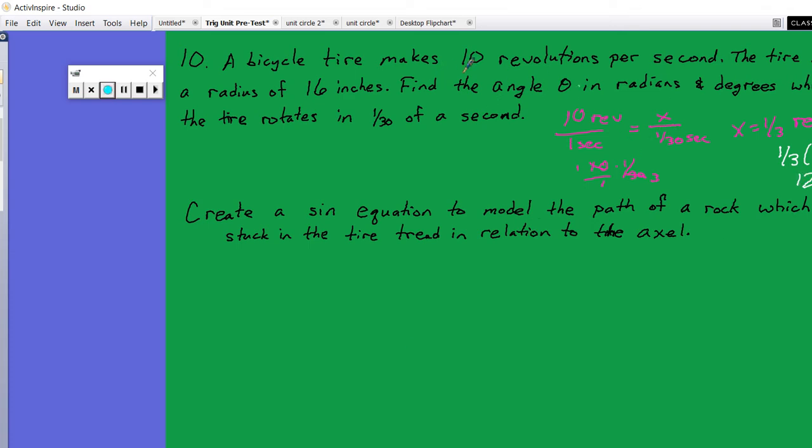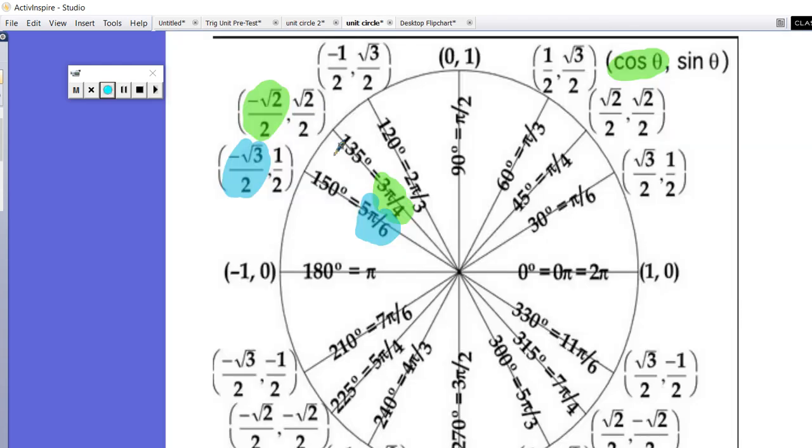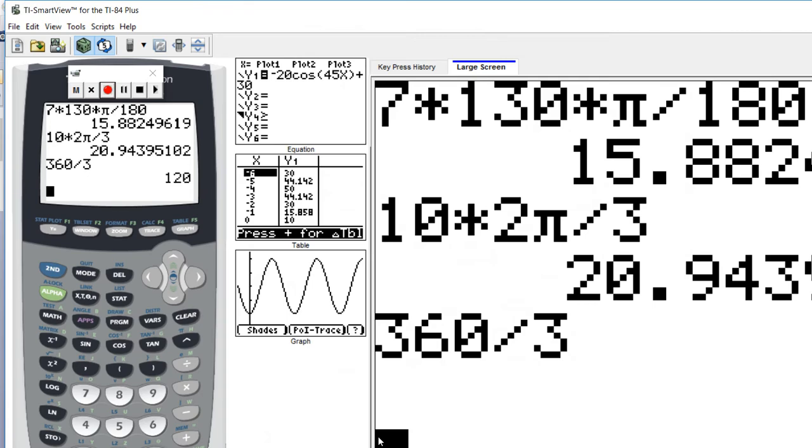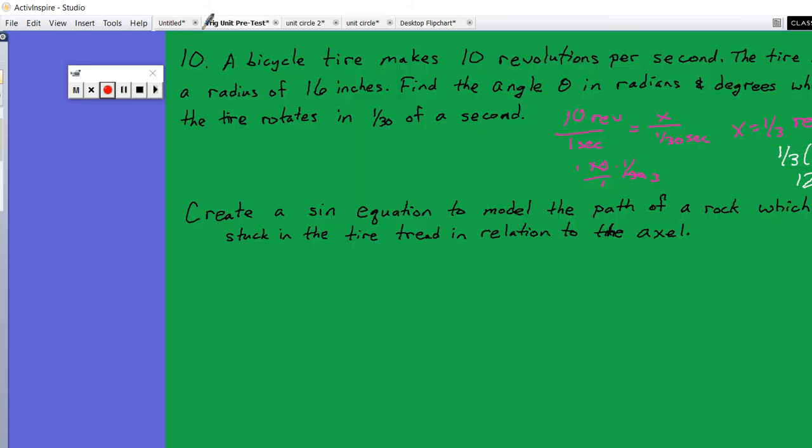So find the angle theta in radians and degrees. So there it is in degrees. If you look on your unit circle, 120 degrees is 2 pi thirds. Or you could convert it by going 120 times pi divided by 180.